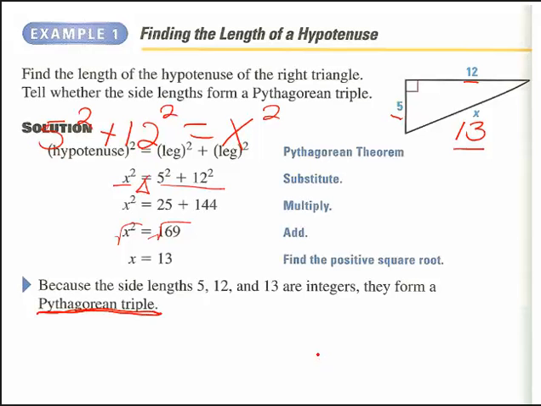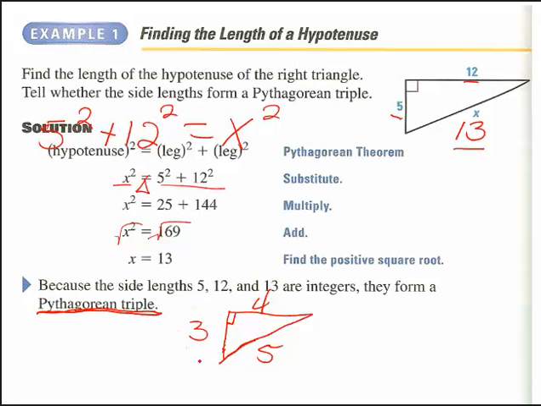And it comes in handy if you start to recognize those. Another one is 3, 4, 5. That is a Pythagorean triple because all three sides of this right triangle are integers or whole numbers.